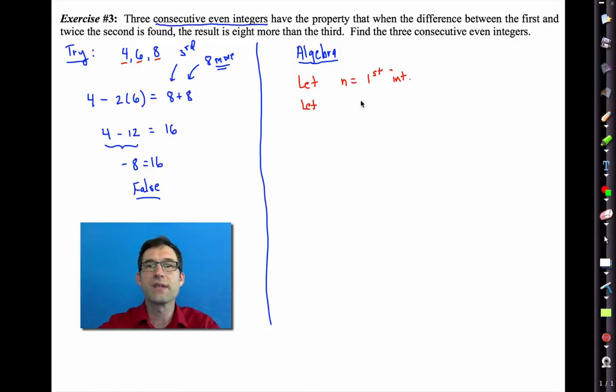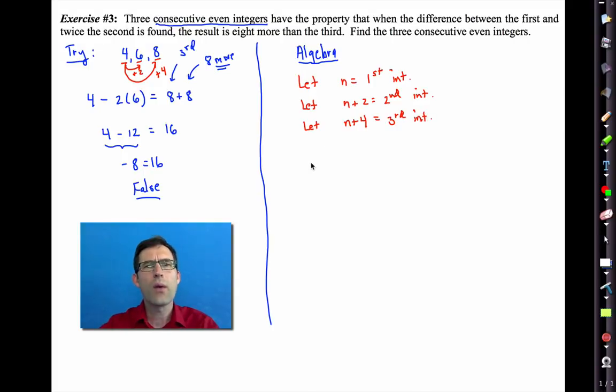Well, to go from 4 to 6, we again add 2. It's one of the things that confuses people the most about consecutive integer problems, is that consecutive even and consecutive odd problems are set up in exactly the same way. So to go from 4 to 6, we add 2, and to go from 4 to 8, we add 4. So then we're going to let n plus 4 be equal to the third integer.